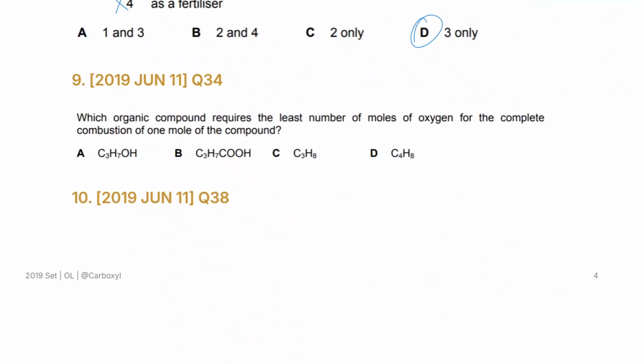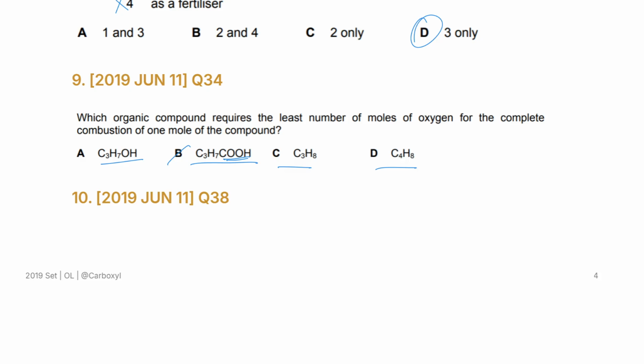9. Which organic compound requires the least moles of oxygen for the complete combustion of 1 mole of that compound? So you just need to balance the equations. This is your carboxylic acid, so it doesn't even undergo combustion. So it's between the alcohol and the alkenes. This is my alkene.